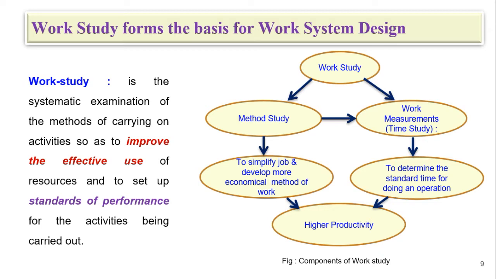In method study, what we are doing is to simplify the job and develop more economical methods which are efficient, effective, and ultimately method study leads toward the higher productivity. At the same time, work measurement, time study, micromotion time study, determine the standard time for doing an operation, and also leads to the higher productivity.